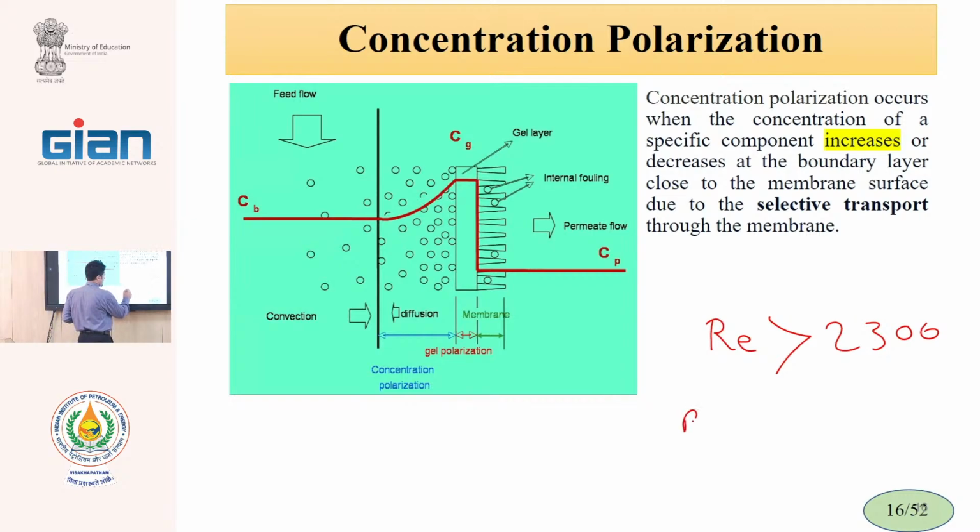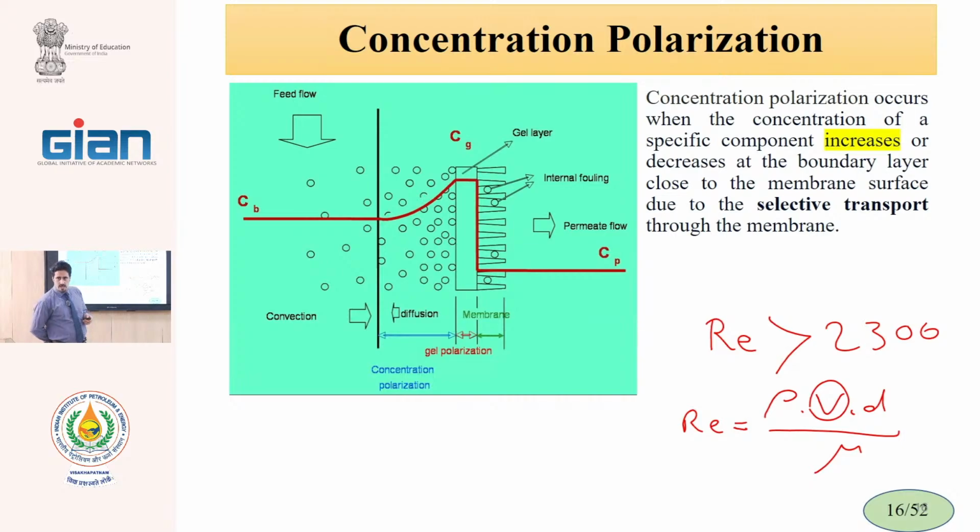We have the Reynolds number, rho, v, d, and mu, where v is the velocity. Higher velocity is good for reducing concentration polarization. But higher velocity means higher energy and higher pressure, and this causes deformation of the module.